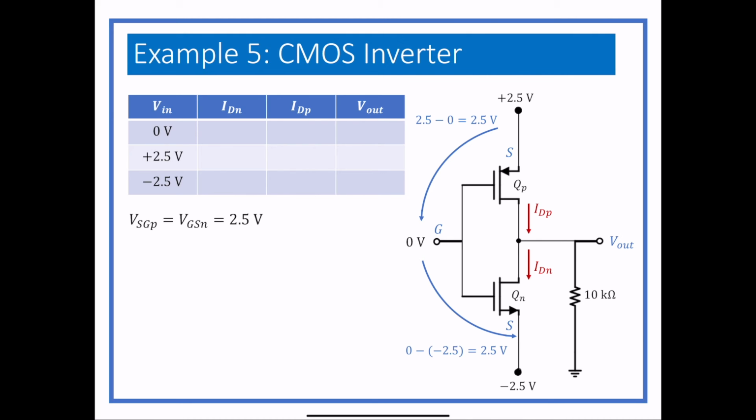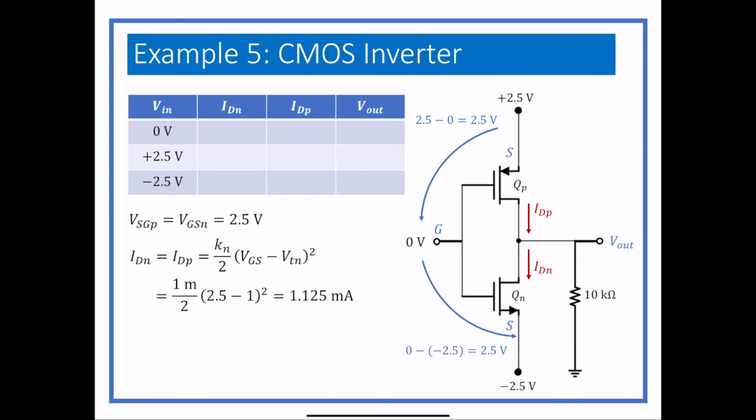So the two values are the same because VGS is the same, and we can calculate the drain current for either one or both by just using the Kn over 2. Remember, we lumped that all together into one parameter for this particular problem. And we just take VGS minus the threshold voltage, squared.